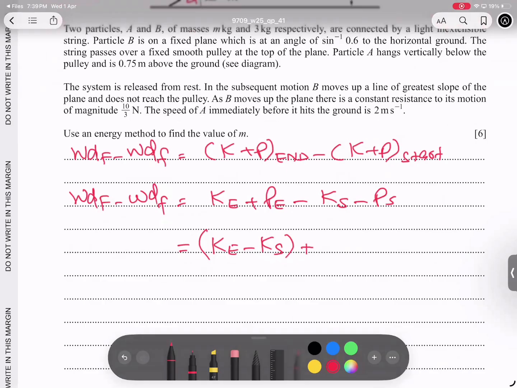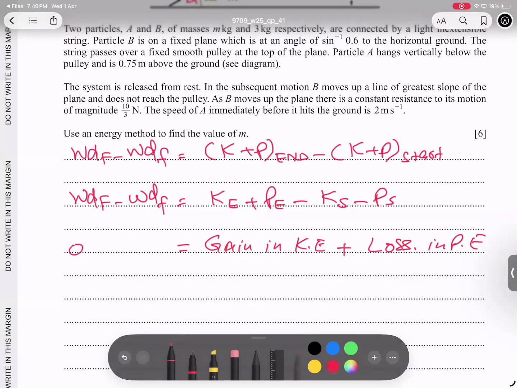And potential energy at the end minus potential energy at the start, in simple language, is gain in kinetic energy plus loss in potential energy.